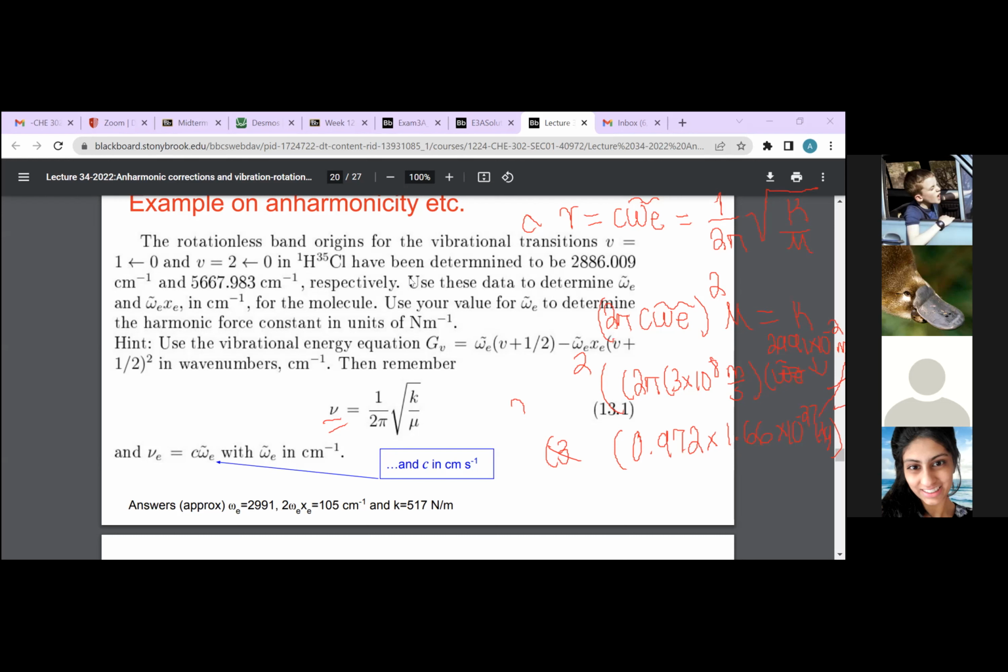What I got is kind of close to what they got, but it's off by like 8 magnitudes.